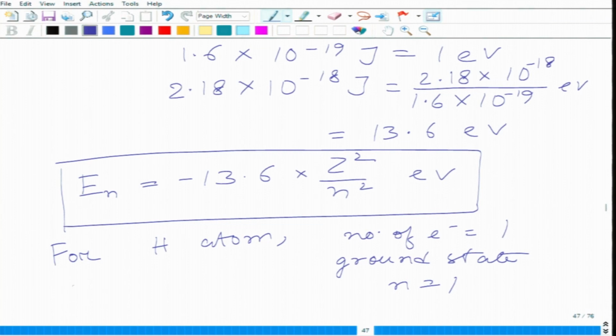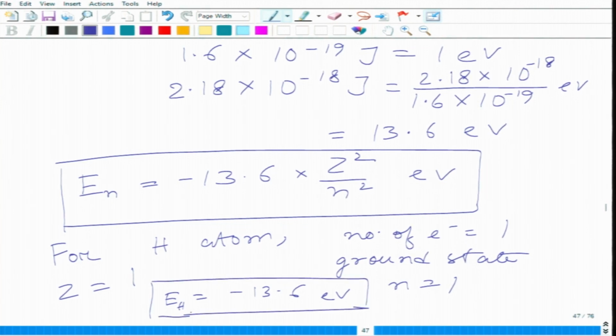And for hydrogen atom, its atomic number is also 1. So, if Z equal to 1 and n equal to 1, we get E equal to minus 13.6 electron volt. So, this is the ground state energy of hydrogen atom.